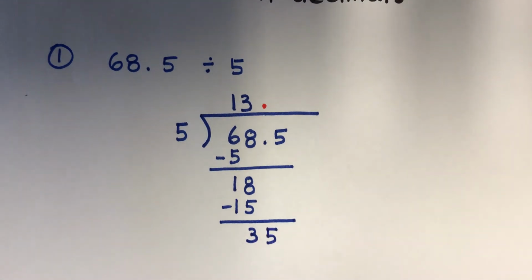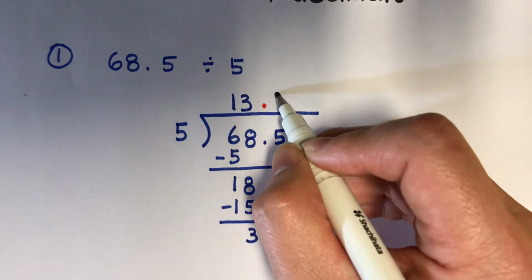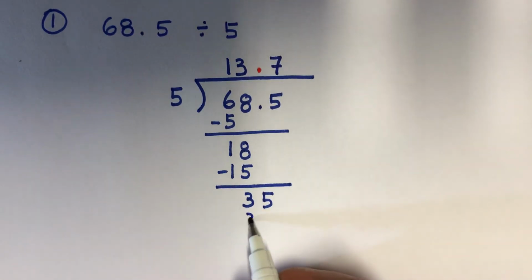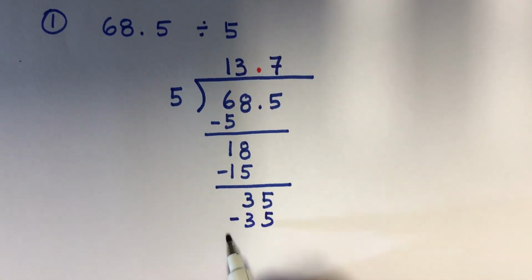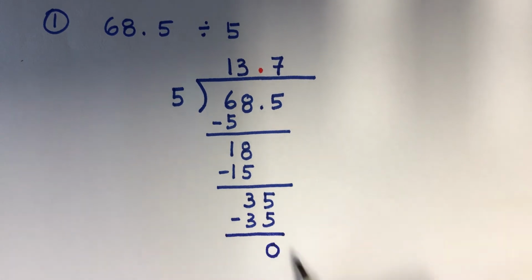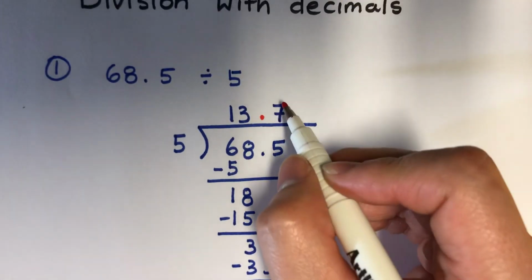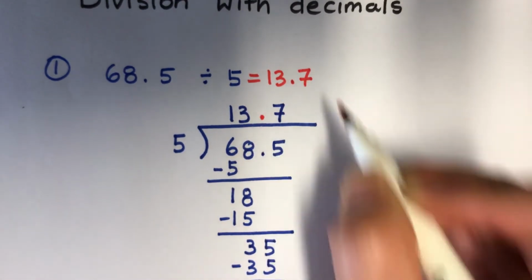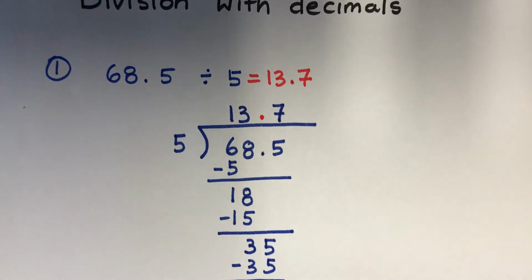Now, how many 5's can go into 35? Exactly 7. Okay? And then it'll become 35, and the remainder is 0. So the answer to this question here is 13.7. Okay, that wasn't too bad.